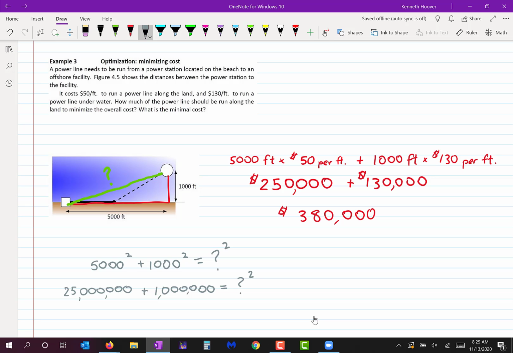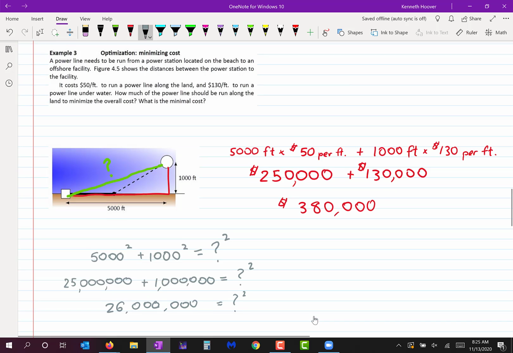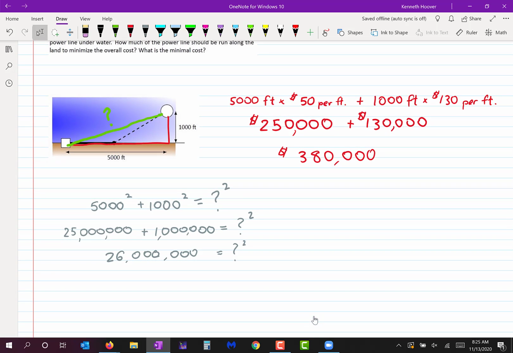And if we add those together, that's 26 million. So question mark must be the square root of 26 million. Okay, let's calculate that. So that's about, I'm going to round off to the nearest foot. That's about 5,099 feet.